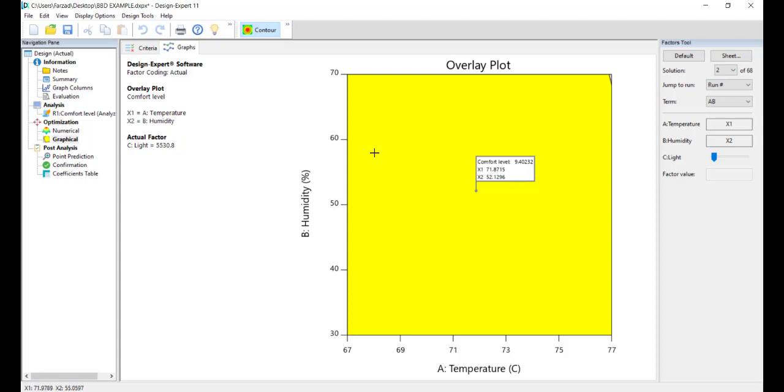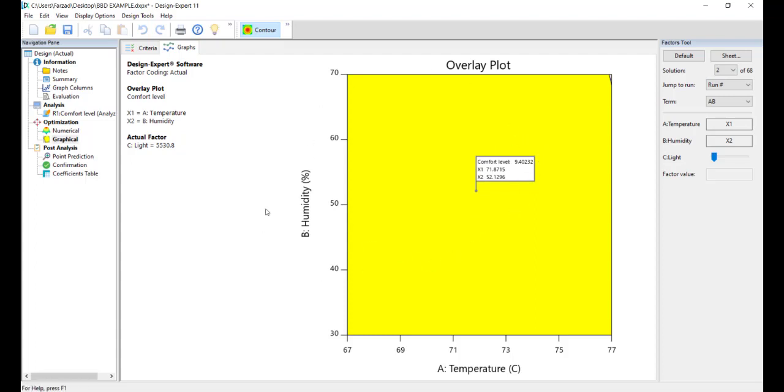have temperature and humidity equal to this, and also light equal to this. So if temperature is 71.8 degrees Fahrenheit, humidity is 52 percent, and light is 5530.8 lux, we will have the maximum possible value for comfort level, which is 9.4.